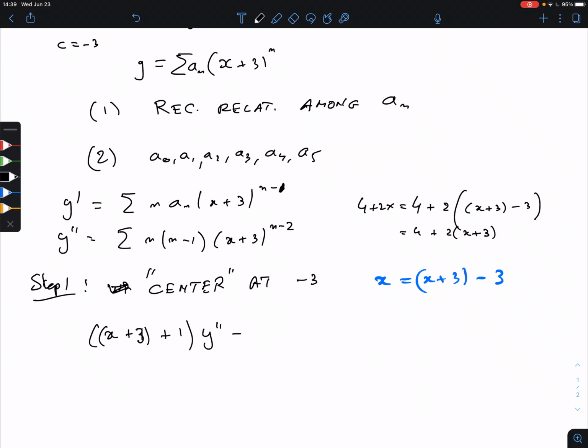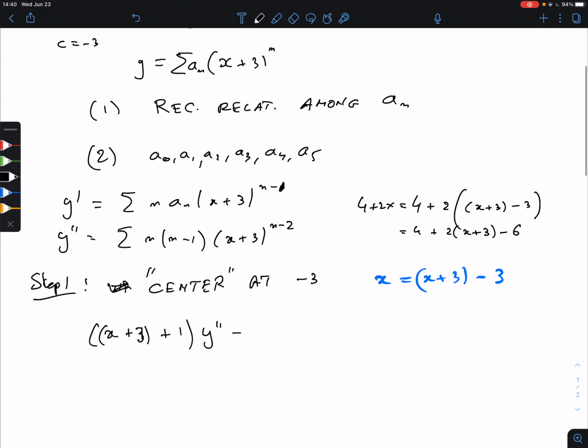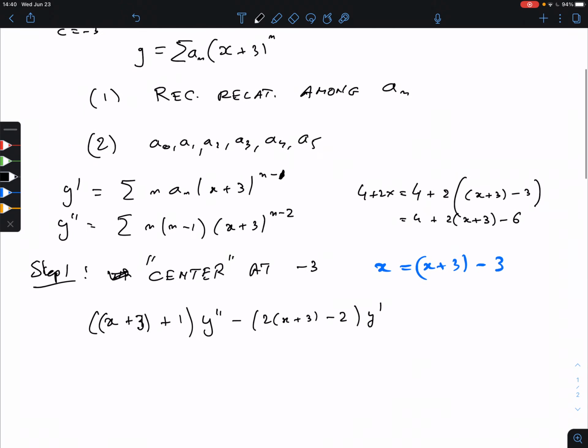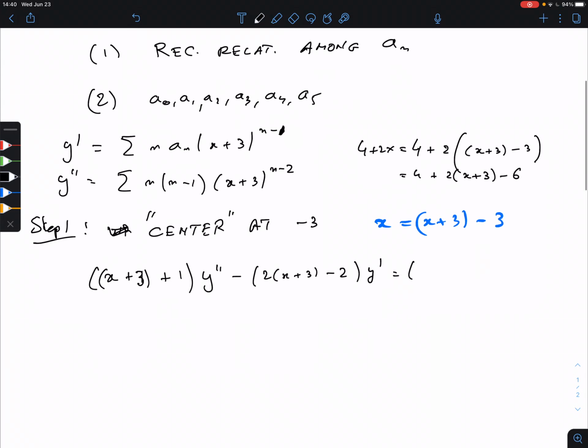Remember, this x plus 3 is now a unit, like an atom, you cannot split it up. So this is equal to 2 times (x plus 3) minus 2, times y prime. And then the last one was 6 plus x, that is x plus 3 plus 3. That is easy, so I don't do this in my head.